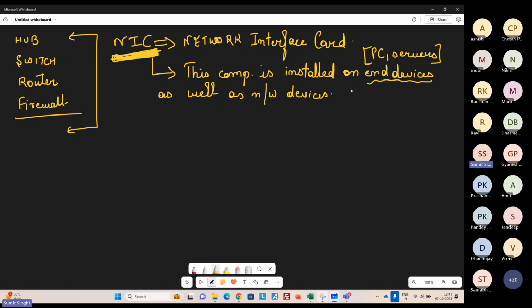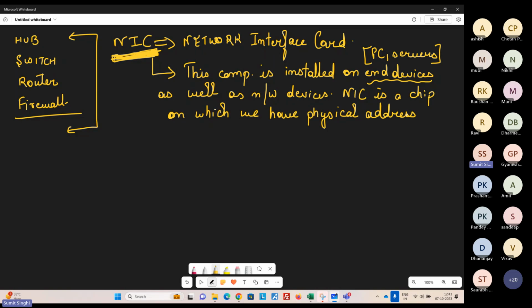Now, what happens with NIC? NIC is a chip on which we have a physical address embedded.